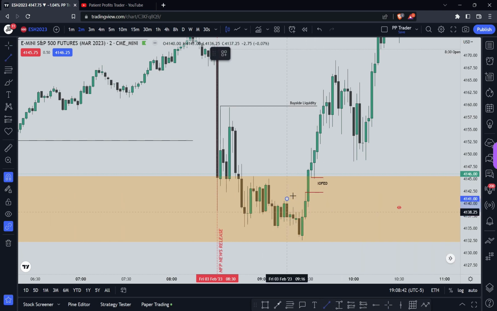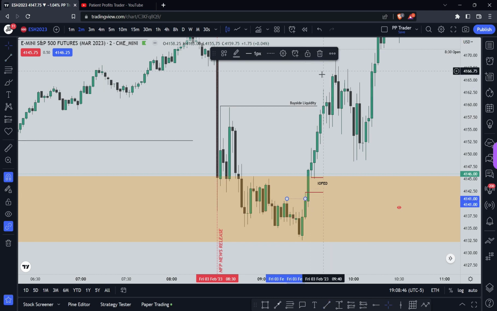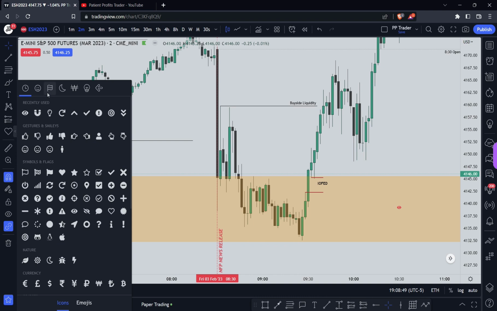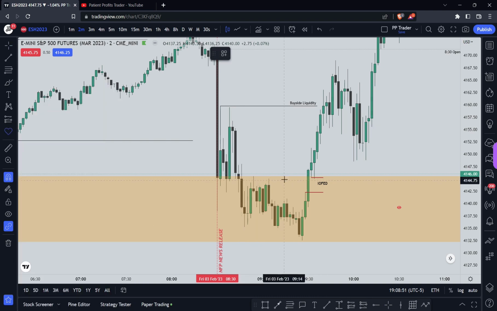We had shift in market structure above this high. Price takes out this high aggressively, and we have this fair value gap here, and price taps it very lightly. What's that? An institutional order flow entry drill, right?